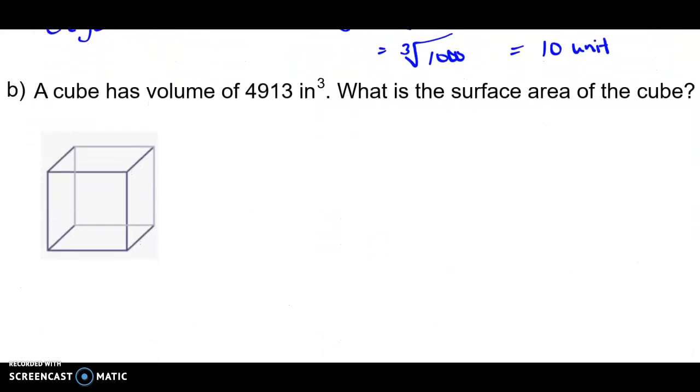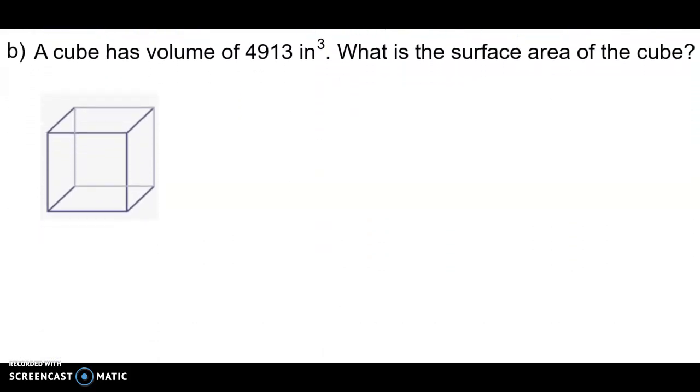Moving on to part B. A cube has a volume of 4,913 cubic inches. So let's jot that down as we're thinking about this question. We know it's a cube. We know now how to find the edge length given the volume. But in this question, we're asked, what is the surface area?